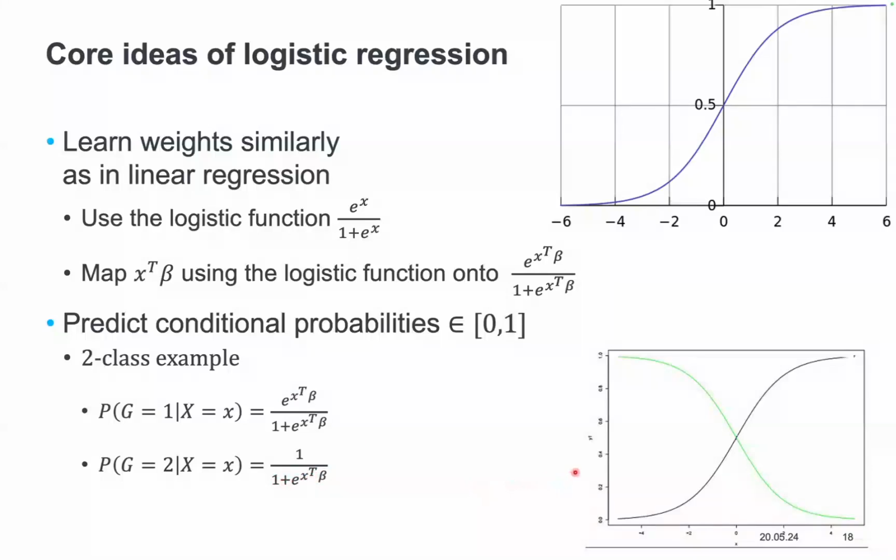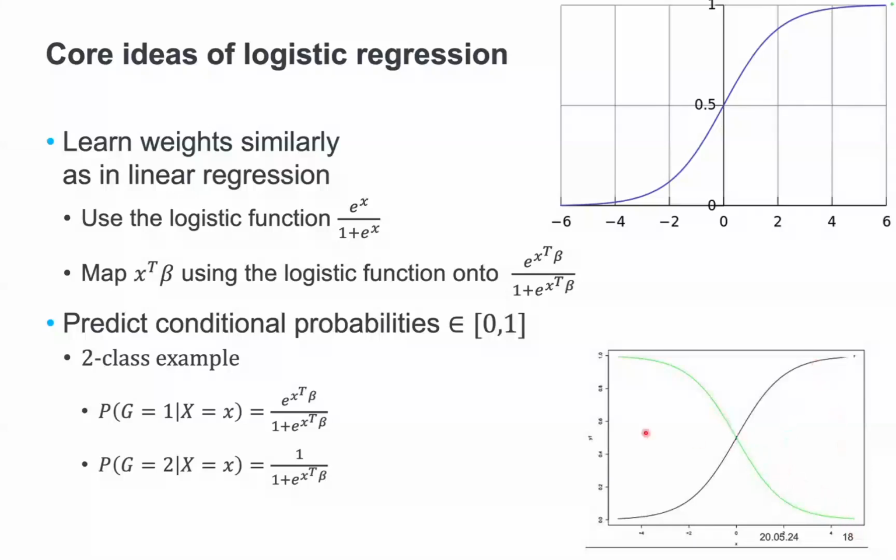When we express this in the diagram, the probability of the class being the first one is described by this black line. As the probability for this black line increases, the second term describes the second class: the probability for the second class decreases.